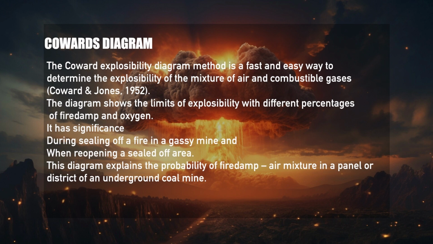The diagram shows the limits of explosibility with different percentages of fire damp and oxygen. It has significance during sealing of fire in a gassy mine and when reopening a sealed off area. This diagram explains the probability of fire damp air mixture in a panel or district of an underground coal mine.